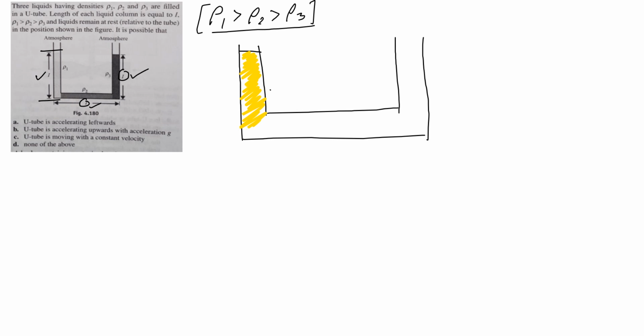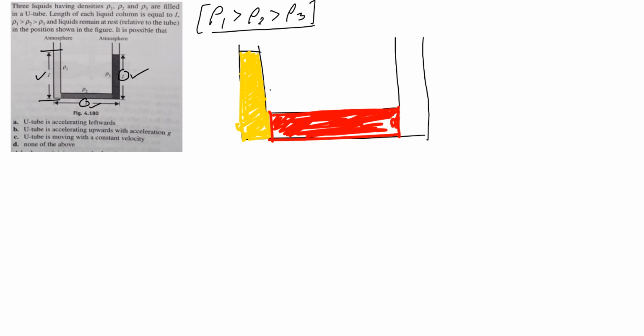This yellow liquid is kept inside the vessel. So this is liquid number 1. Now in the middle portion there is another liquid kept in this U-shaped vessel, which has density rho 2.